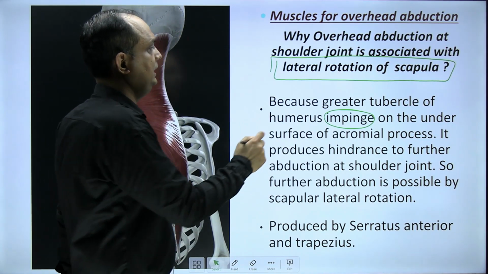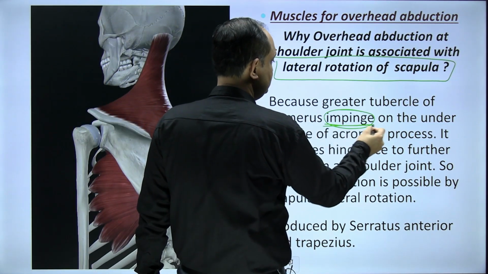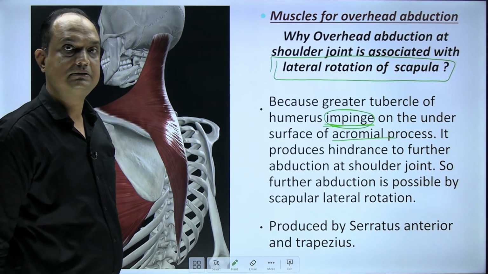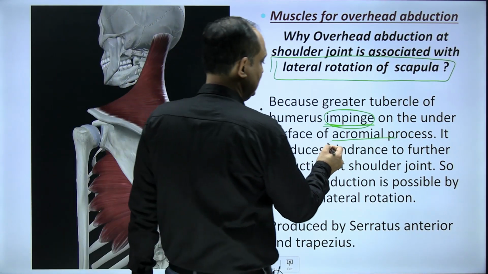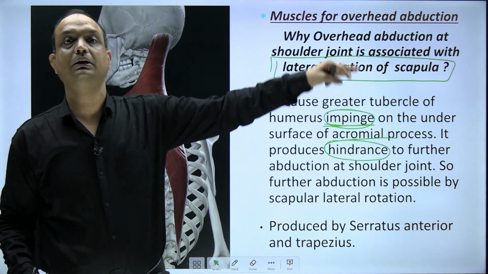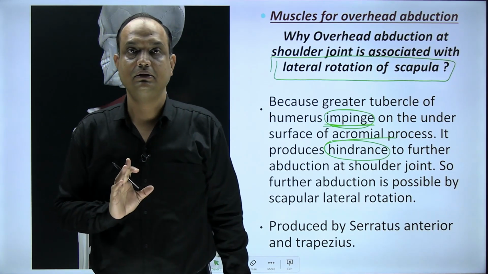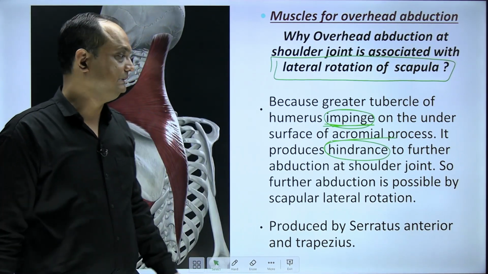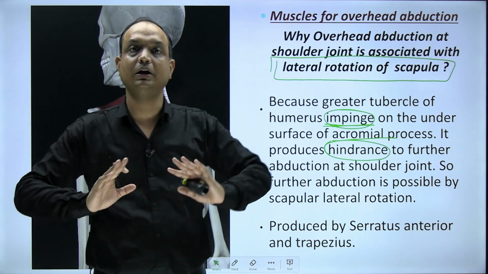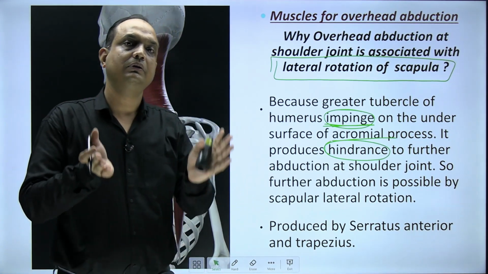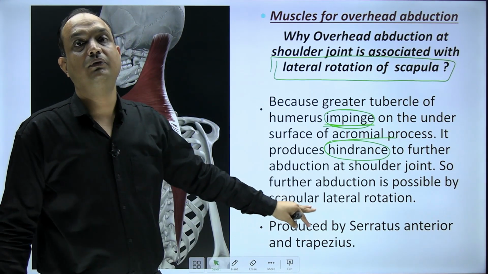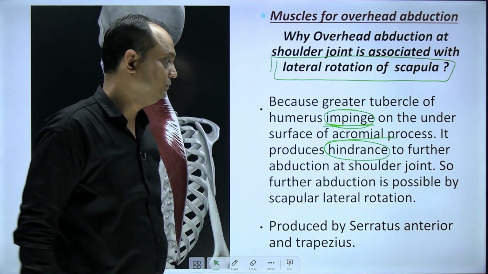The greater tubercle of the humerus impinges on the under surface of the acromion process and produces a hindrance. It is a kind of obstruction, and this obstruction prevents further abduction of the humerus at the shoulder joint. Because of this, the movement of the shoulder girdle comes into the picture. So your scapula will move forward for the remaining abduction, and it will show lateral rotation.